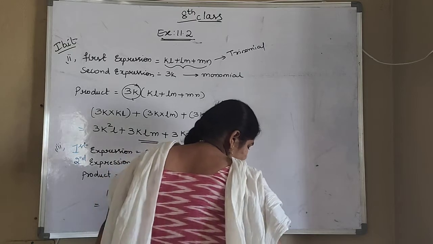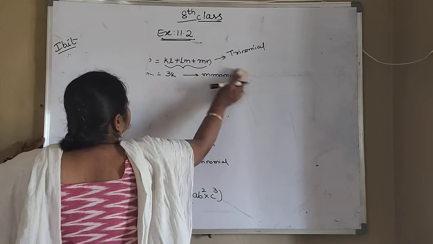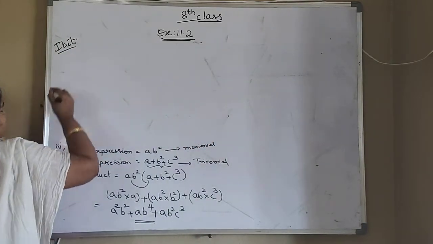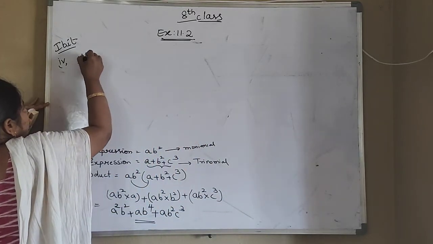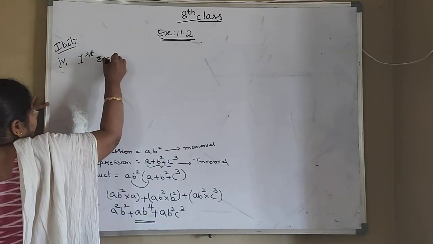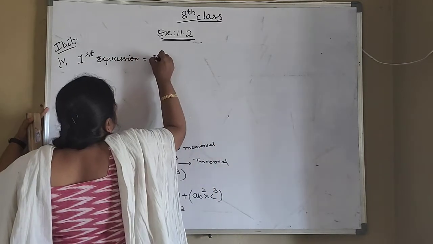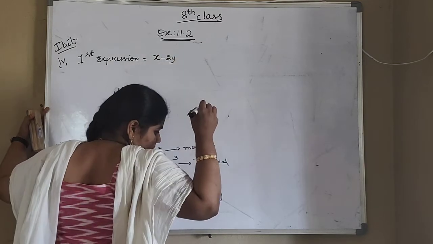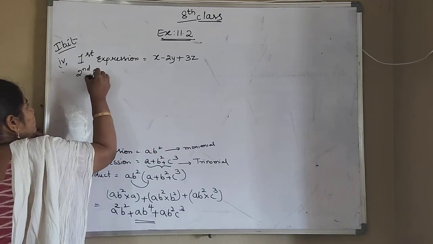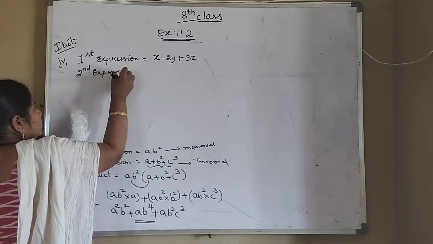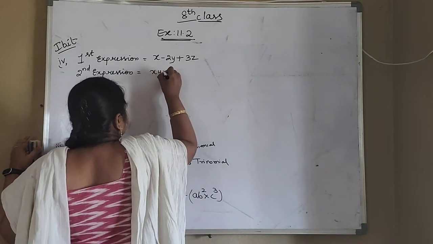Okay, so next one, in this fourth, the first expression they have given as x minus 2y plus 3z, and the second expression is, what is the second expression? xyz.